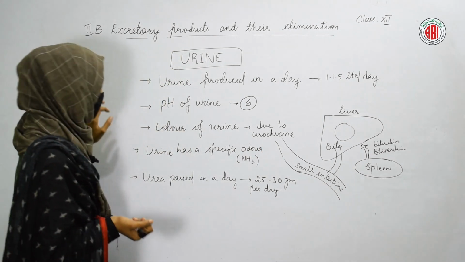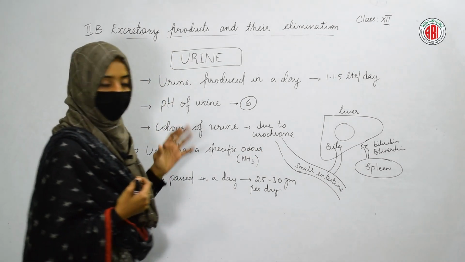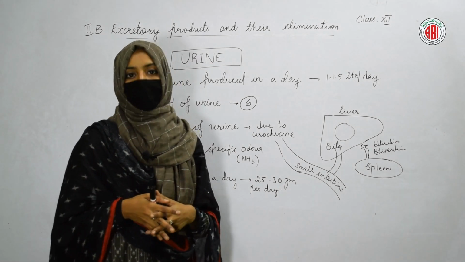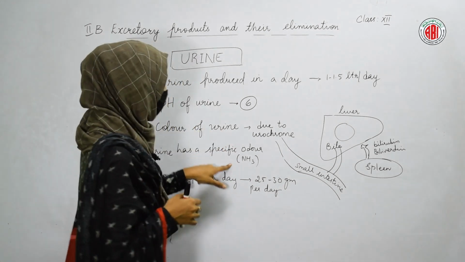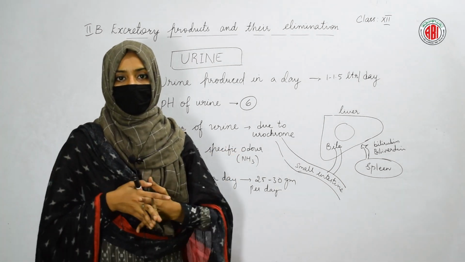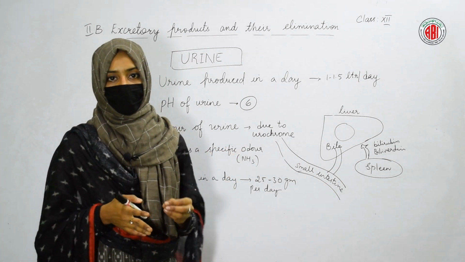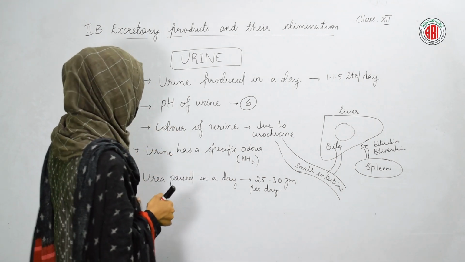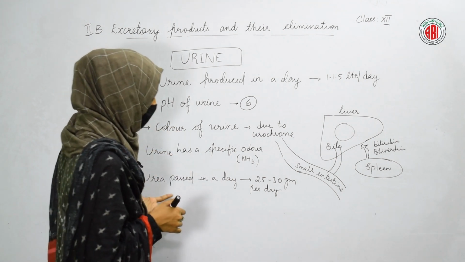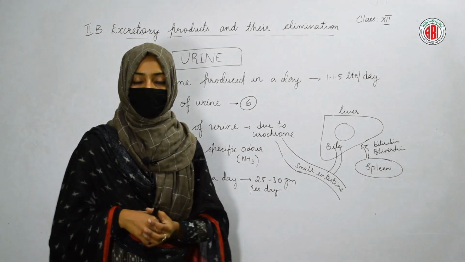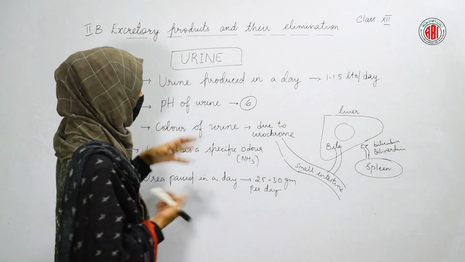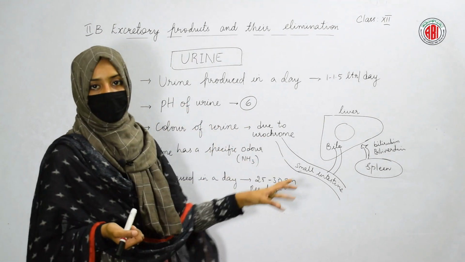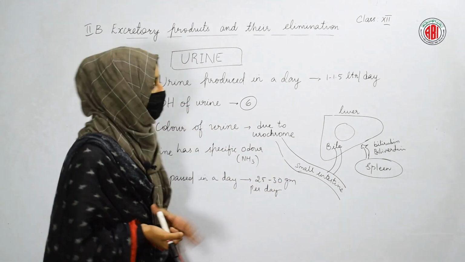The next is odor. Urine has a specific odor because of substances like ammonia. As ammonia is released in the form of urine, it has some odor. The urine passed in a day, if we calculate the amount in grams, should be 25 to 30 grams.